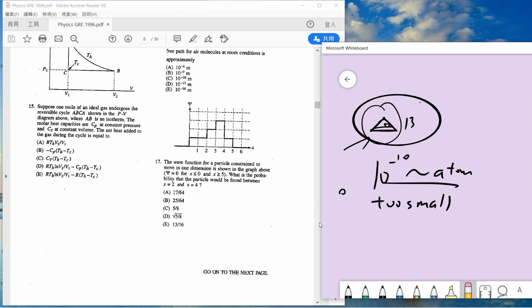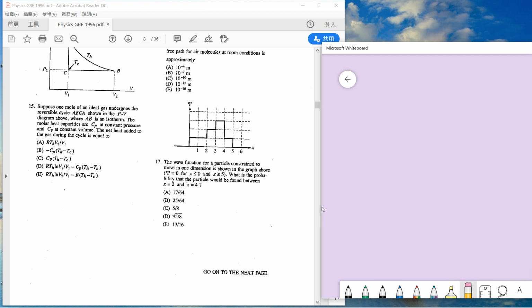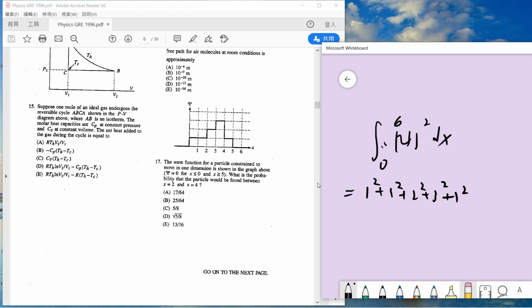So 17, this is a wave function, and it asks you about the probability of being found from 2 to 4. So basically, it just asks about the probability integral from 2 to 4. All you need to do is first do the normalization. So we have 1 squared plus 1 squared plus 2 squared plus 3 squared plus 1 squared, so this is 16.